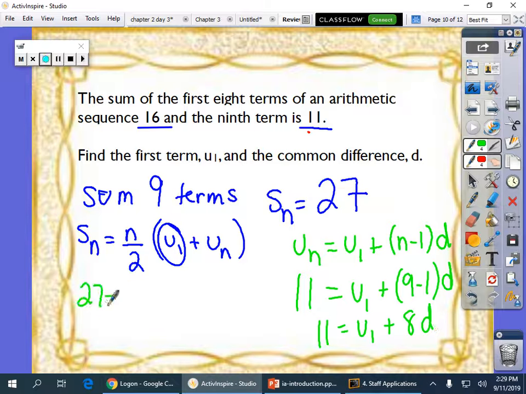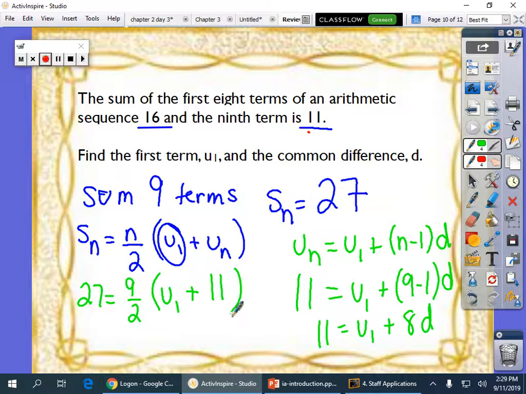I know over here 27 equals 9 over 2 times u sub 1 plus 11, because my last term is 11. Okay? Can I find u sub 1? Yep, I should have done this one first. Sorry, guys.